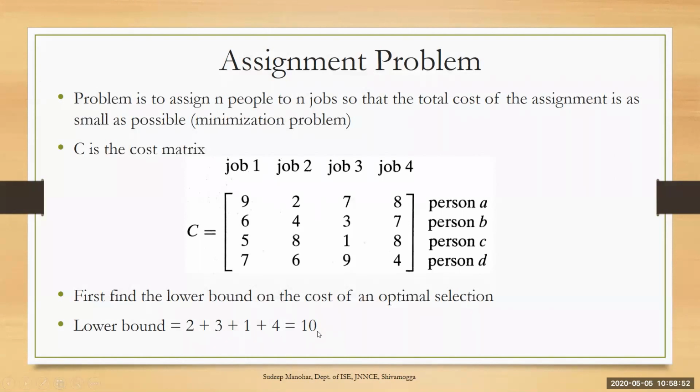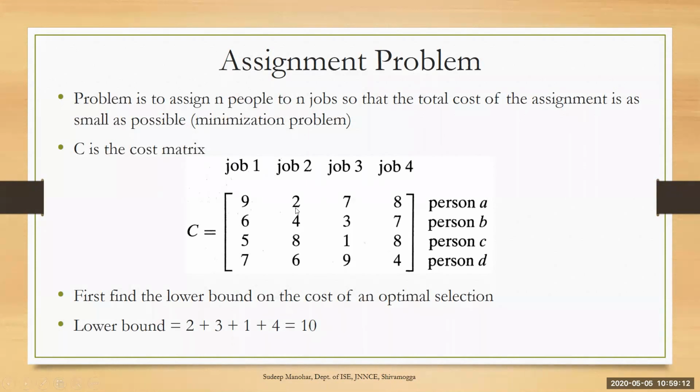What this lower bound 10 tells is you cannot find a solution for this problem with a cost which is lesser than 10. That is what is called the lower bound of the problem.